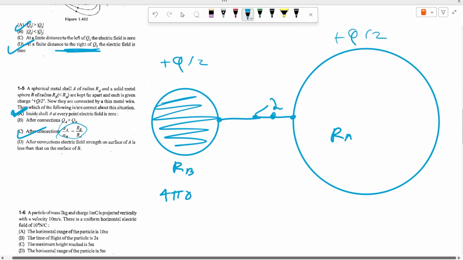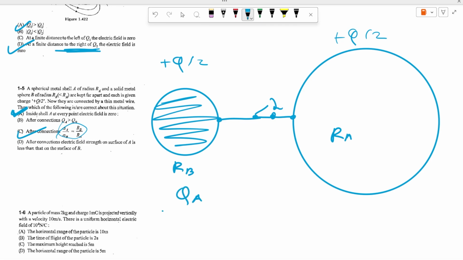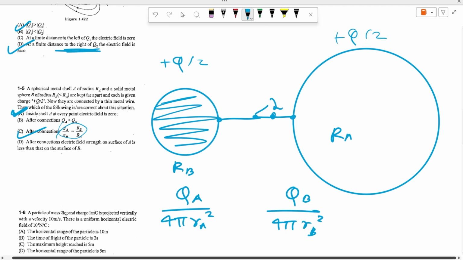So we are going to do this: 4 pi r squared, right? This is qa upon 4 pi ra squared. Now we have to compare it with qb upon 4 pi rb squared, and the ratio of these two is equal to rb upon ra.